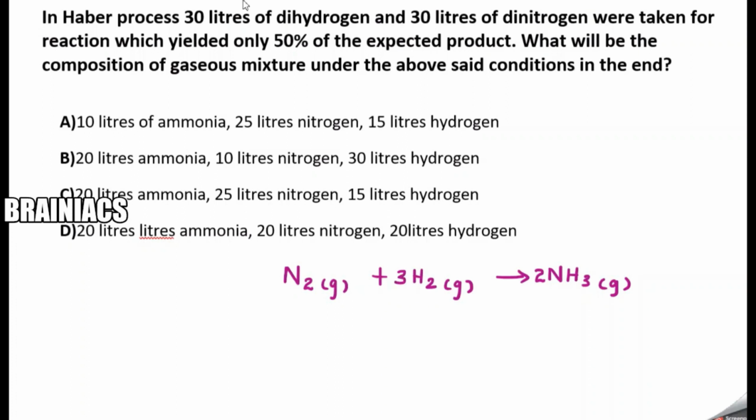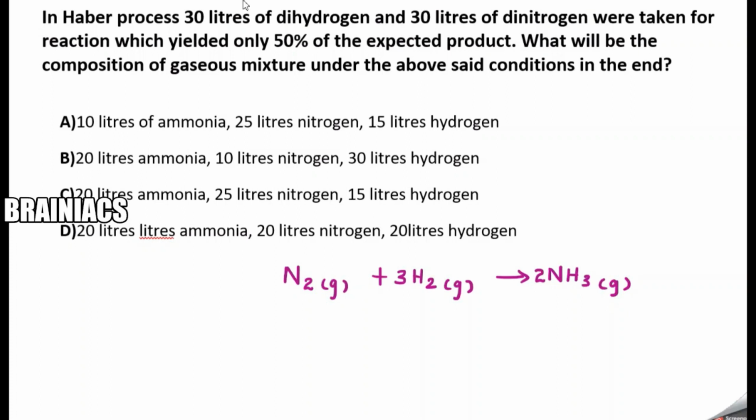If you see here, 3 into 2 is 6, and here we have 3 hydrogens, 2 ammonias and nitrogen 2. So now it looks balanced.